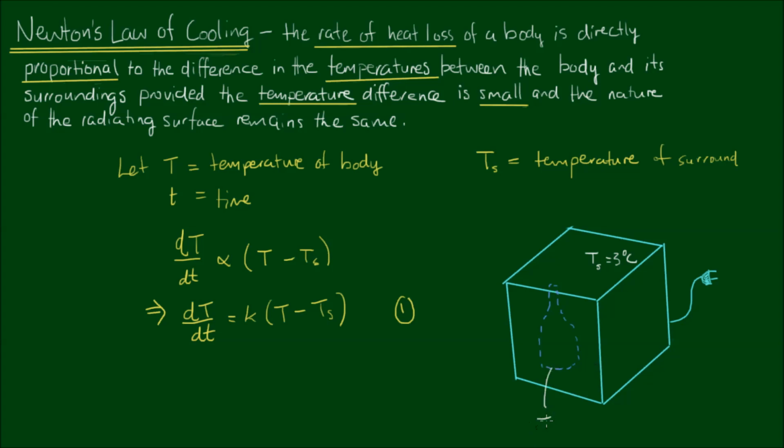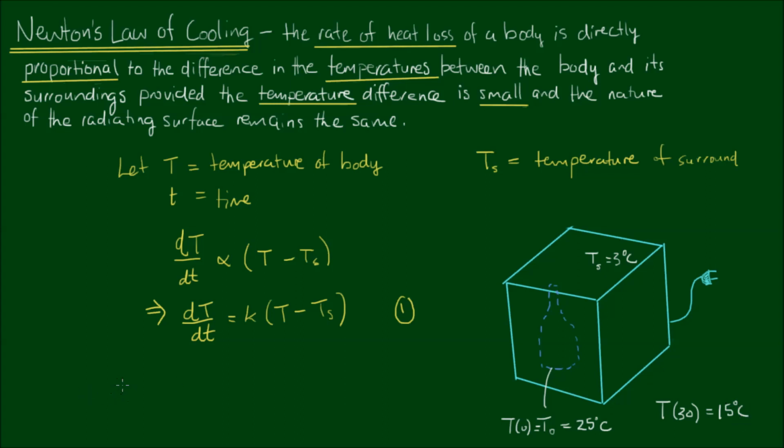Initially, this bottle of water is 25 degrees. So it's 25 degrees at room temperature when we put it in the fridge. So big T at time 0 equals 25 degrees. After half an hour, let's consider time as in minutes, so after 30 minutes, the bottle is at 15 degrees.